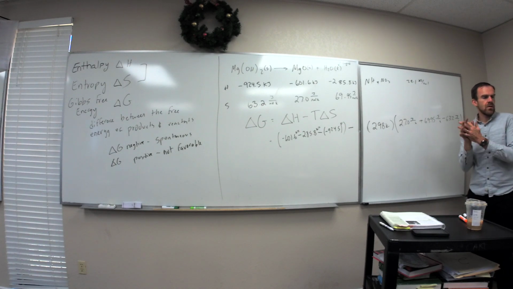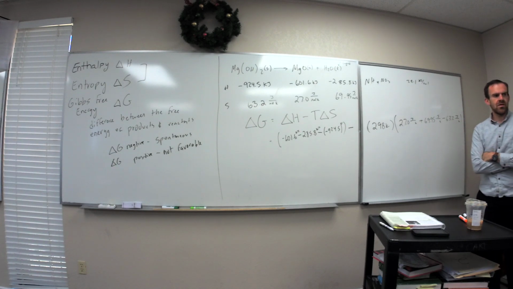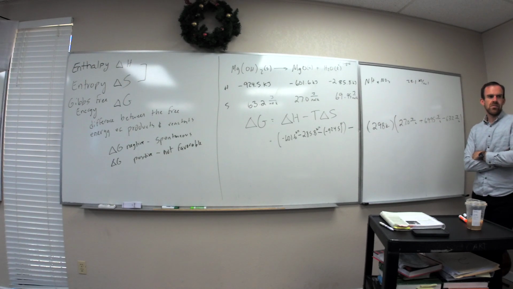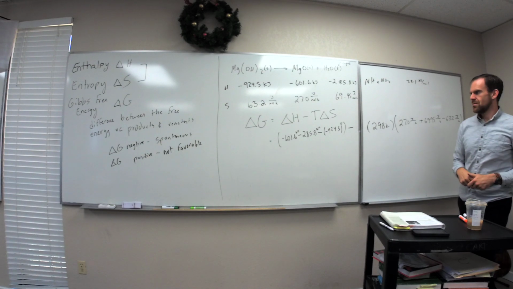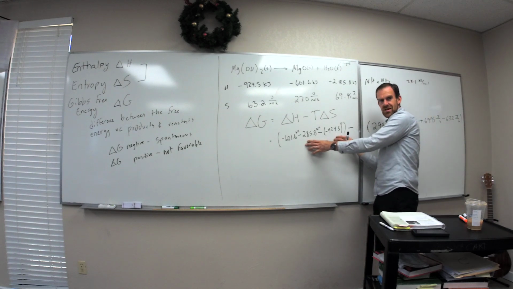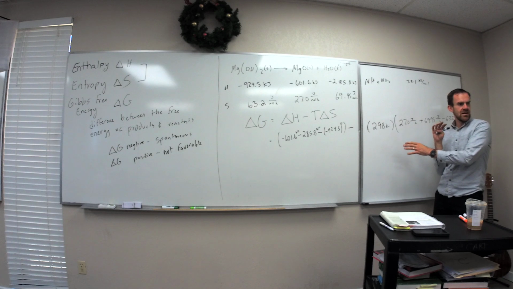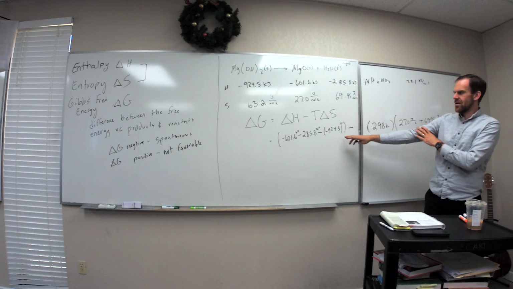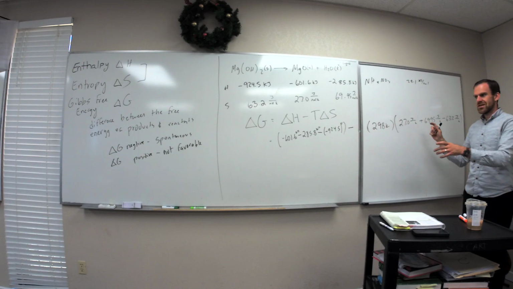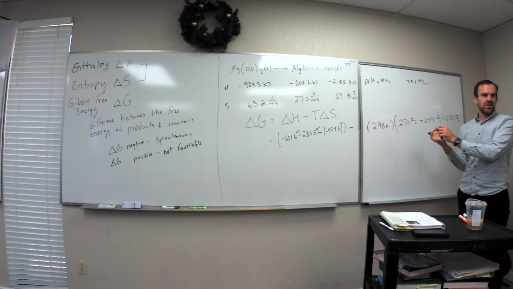Okay. Next issue. You had kilojoules and then you have joules per Kelvin. Bingo. So I have kilojoules here, and I have joules here. So I'm going to have to convert either into joules here, or convert into kilojoules here, because I can't add 2 different units together.